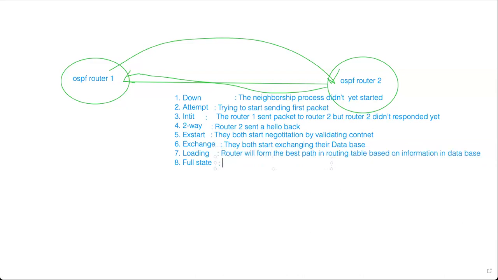Okay, in full state, they have fully exchanged info and neighborship is successful.